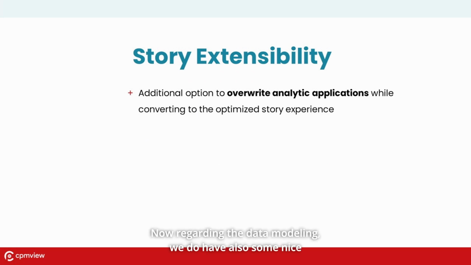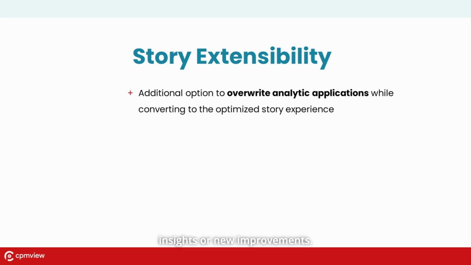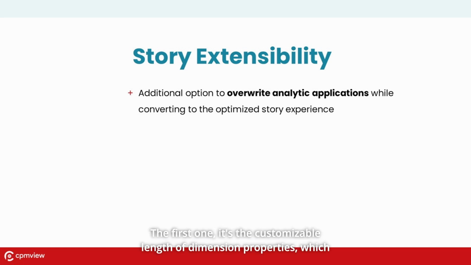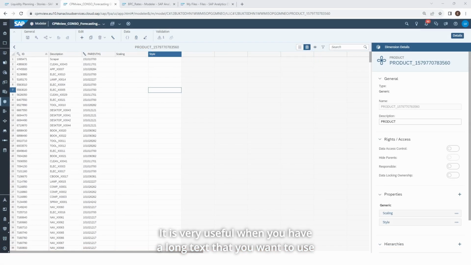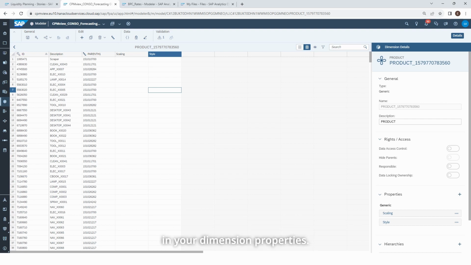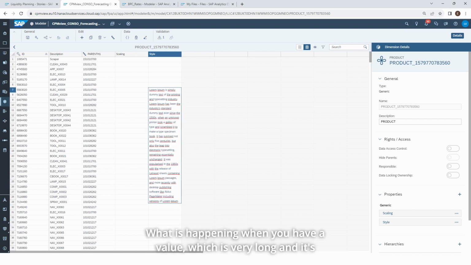Now, regarding data modeling, we also have some nice new improvements. The first one is the customizable length of dimension properties, which provides additional flexibility in dimension modeling. It's very useful when you have a long text that you want to use in your dimension properties.